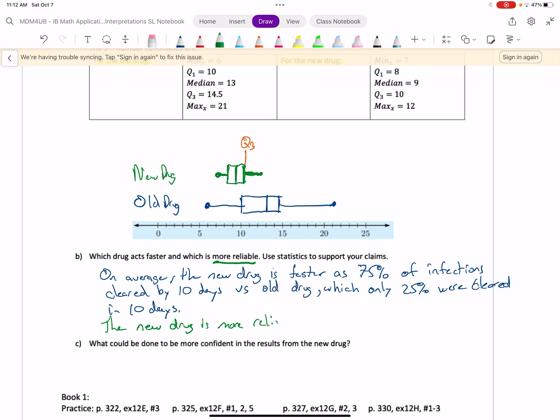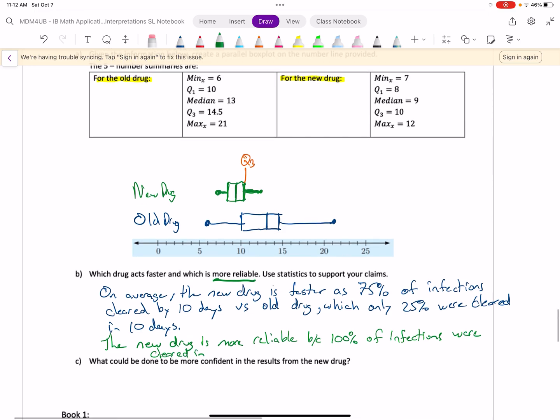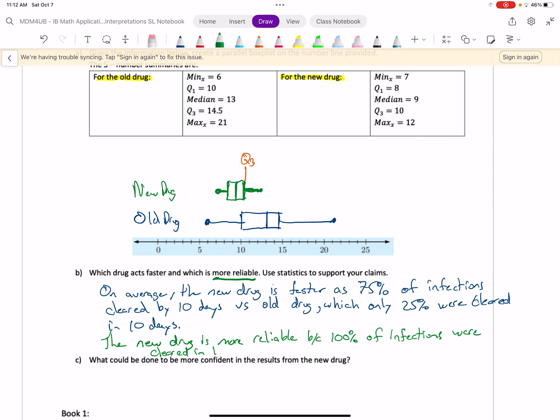And we could even use the same argument that I just said for the speed, because 100% of infections were cleared in, what was the max? 12 days?